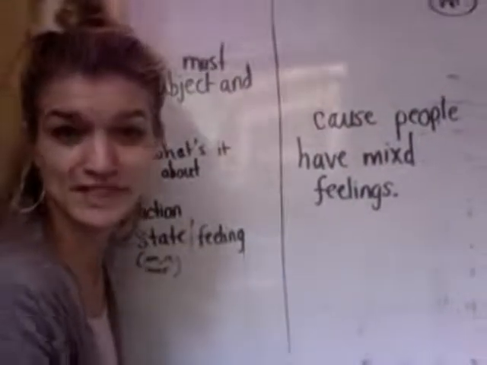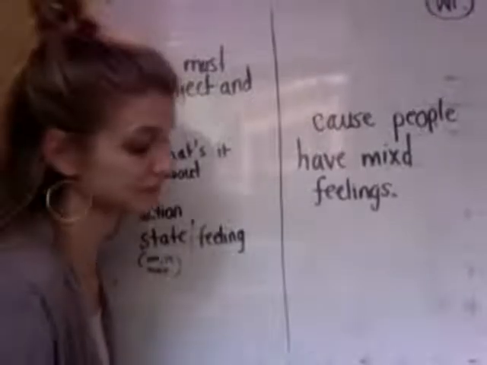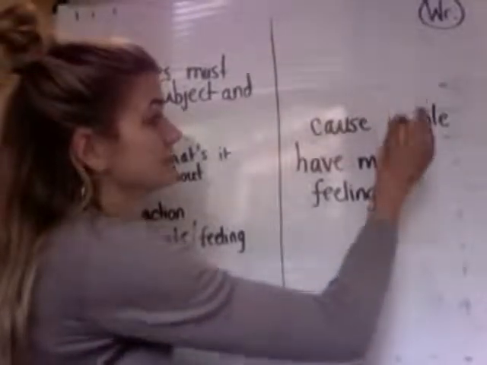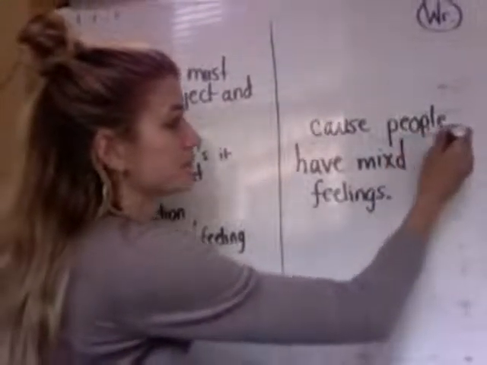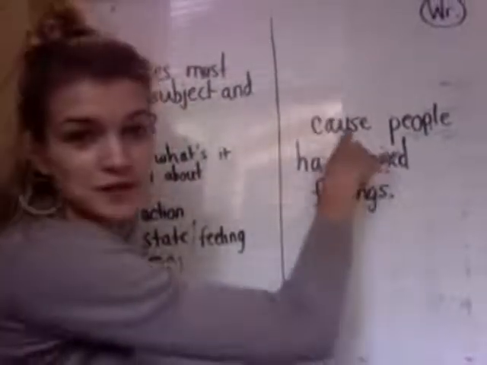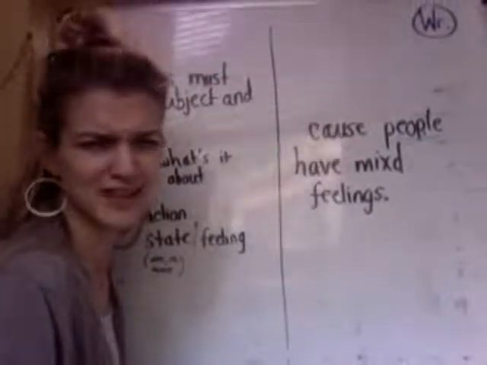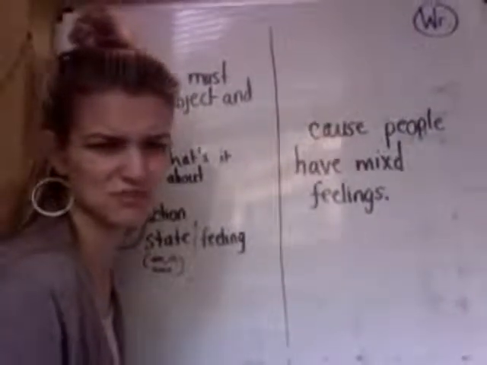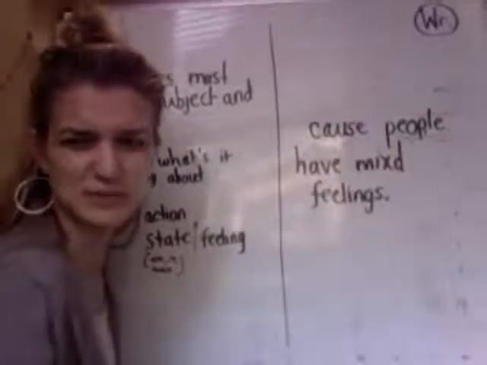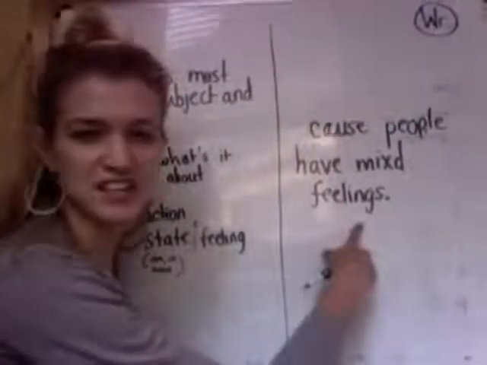Okay. What's the subject? What's that whole sentence about? People. So this person used the word because. You cannot start a sentence with that, because shows you cause and effect. I don't see any cause and effect.